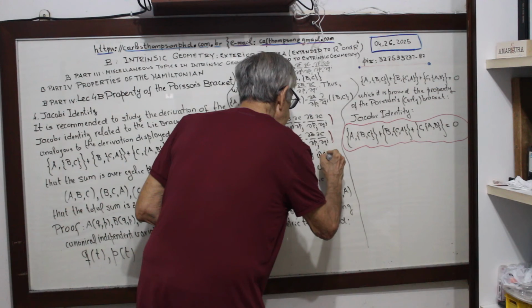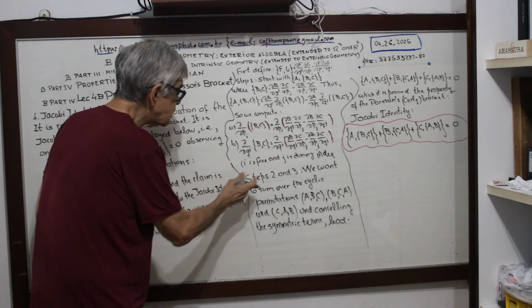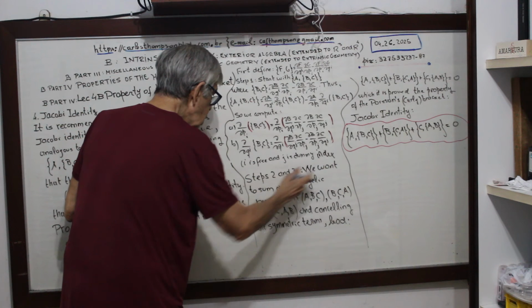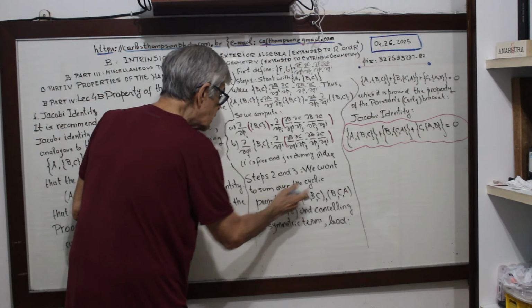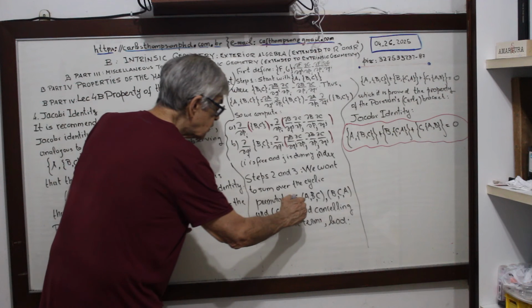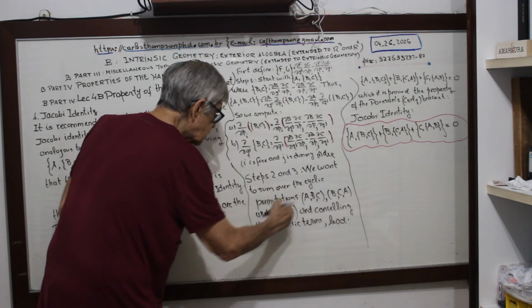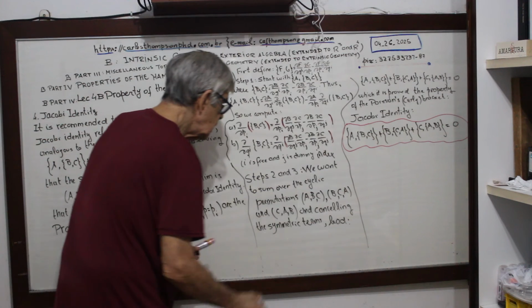That's right here. See? Now, as I said before, for steps 2 and 3, you sum over the cyclic permutations. You see, according to cyclic permutation, ABC, the next, BCA, the next, CAB.